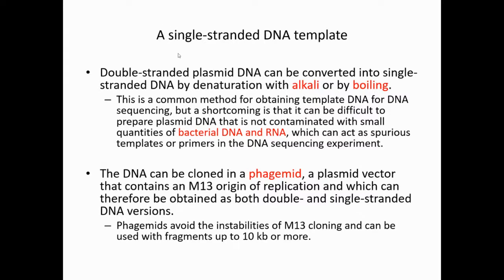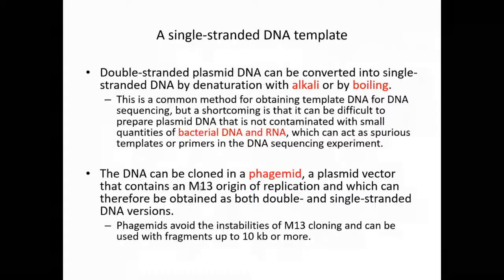Another method to produce the single-stranded DNA template is to clone your target DNA into a phage, like an M13 vector. When we discussed the M13 vector, M13 specifically can produce single-stranded DNA.